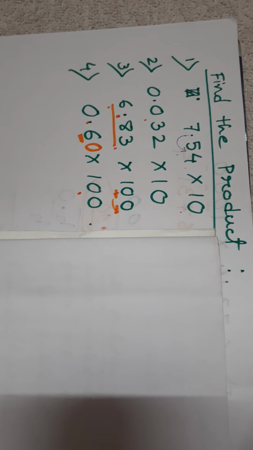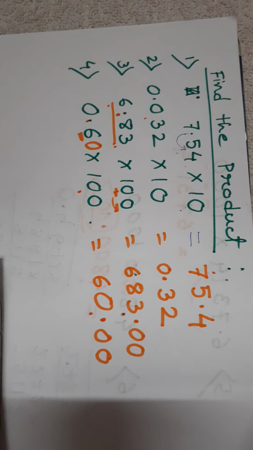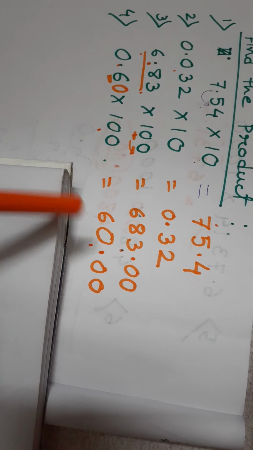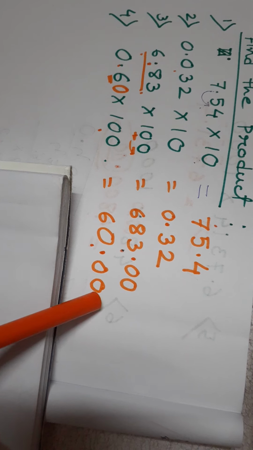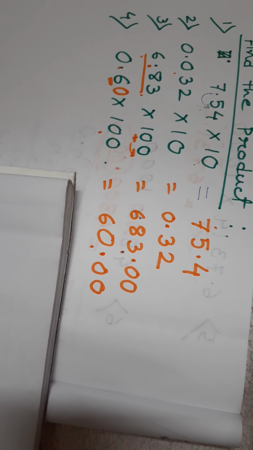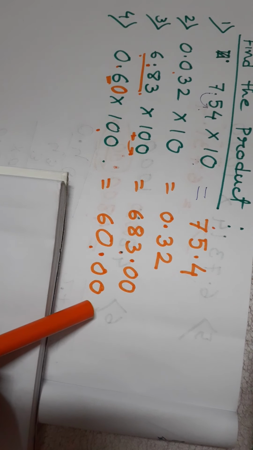Now the main important thing here is that we already got the answers. Now in the answers, students, you can see that I have written here 683.00. So you may ask me the question: from where did I get these 2 zeros?